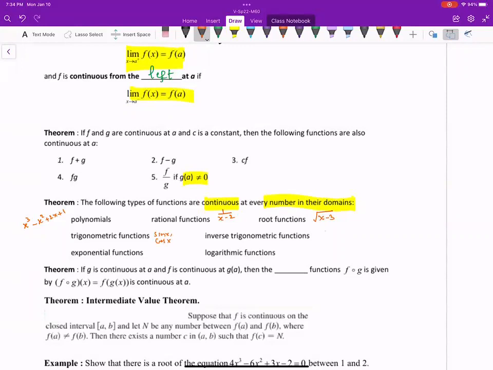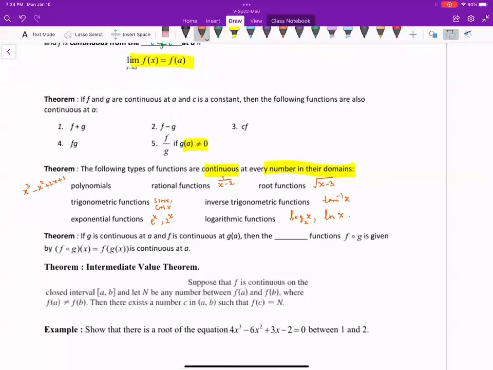Inverse trigonometric functions, so it is sine inverse of x, cosine inverse of x, and so on. Exponential functions, so e to the x, 2 to the x, and all that. Logarithmic functions, so log of x to the base 2, or ln of x.